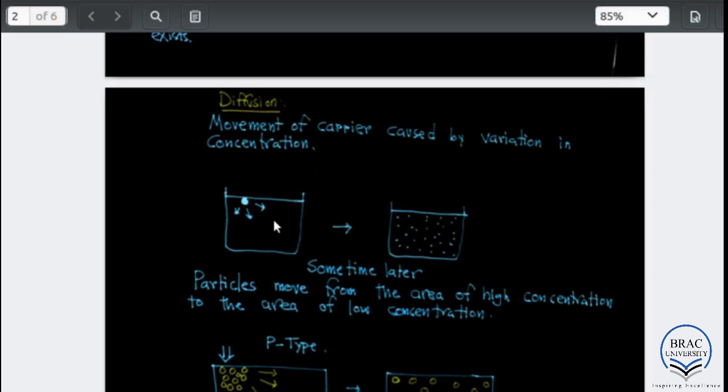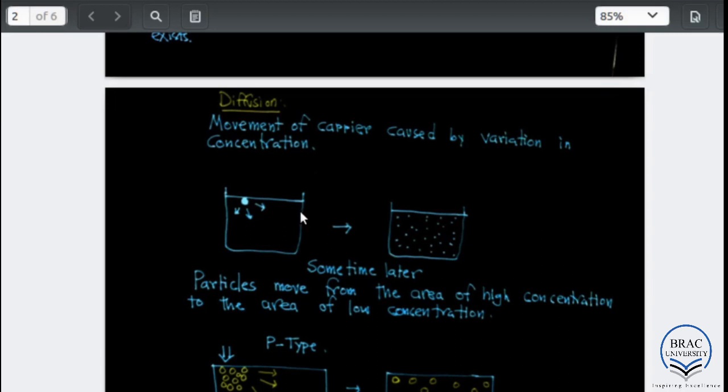But if you allow some time, you will notice the ink particles will be distributed all over the region until the concentration of ink is uniform all over the place. So what exactly happens there is that particles move from the high concentration area to the area of low concentration. For how long? As long as the concentration throughout the area is not uniform.